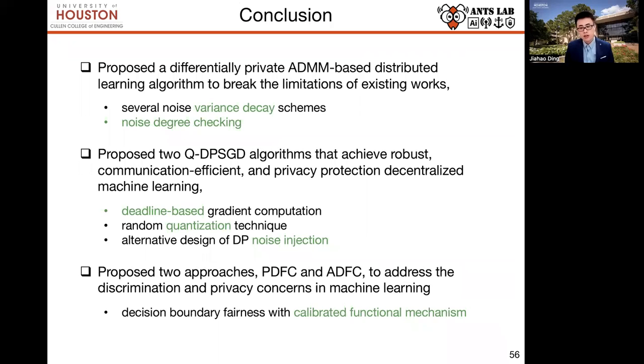We consider a deadline-based gradient computation, a random quantization technique, and an alternative design of noise injection. We also proposed several algorithms to learn machine learning models with differential privacy and fairness constraints by applying the functional mechanism and decision boundary fairness.